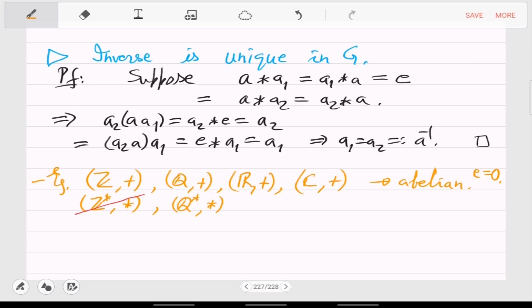You get an abelian group. What is the identity element? Now the identity element is different, which is 1.